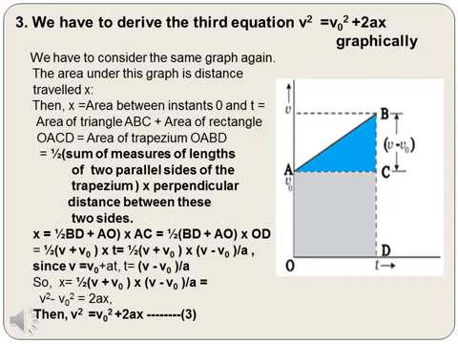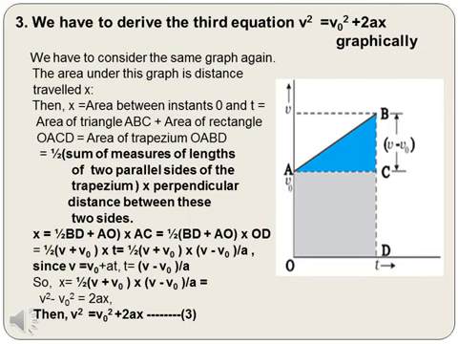It will take the form of v square minus v0 square is equal to 2ax, since (v plus v0) into (v minus v0), which is in the form of (A plus B) into (A minus B), is equal to A square minus B square, that is, v square minus v0 square.